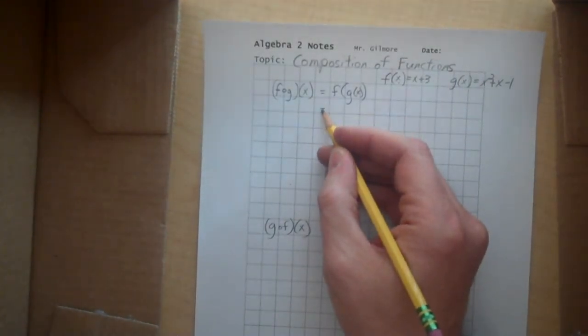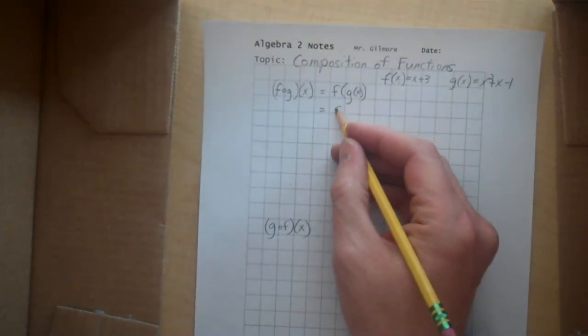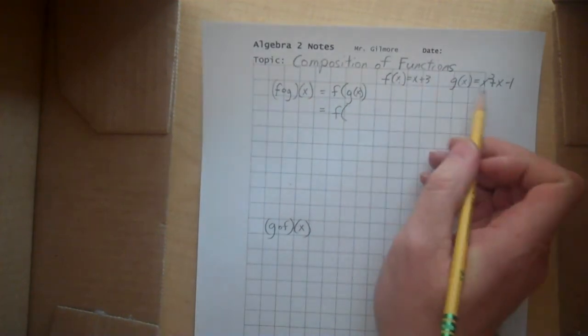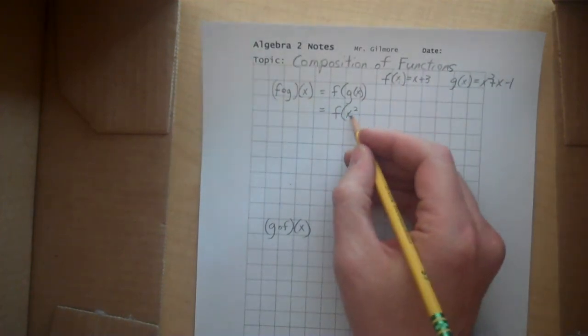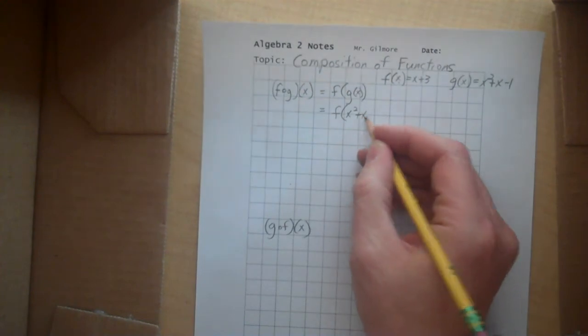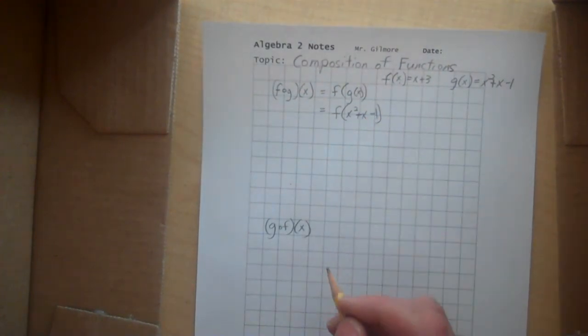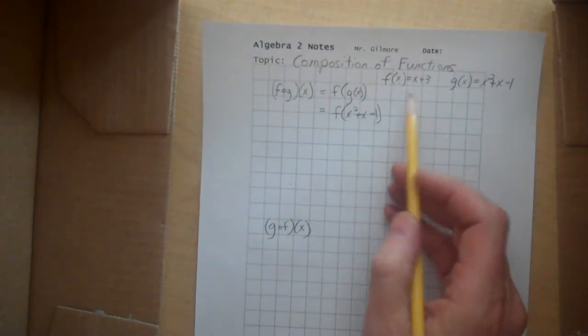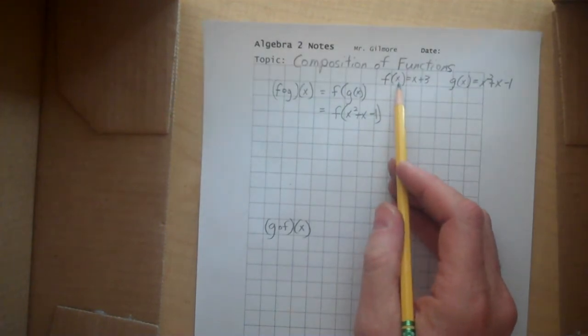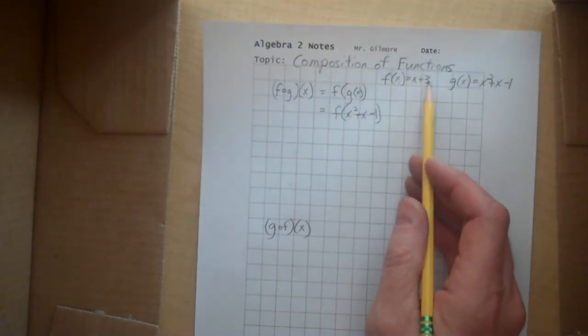So, the g of x function is x squared plus x minus 1. Now remember, f of x function is x plus 3.